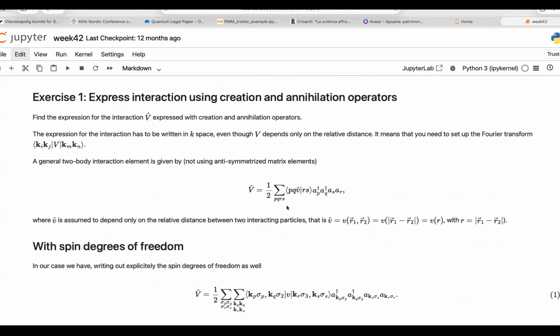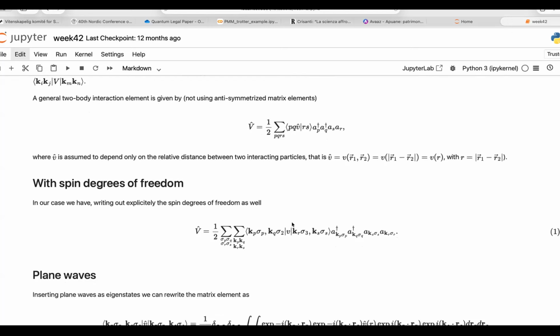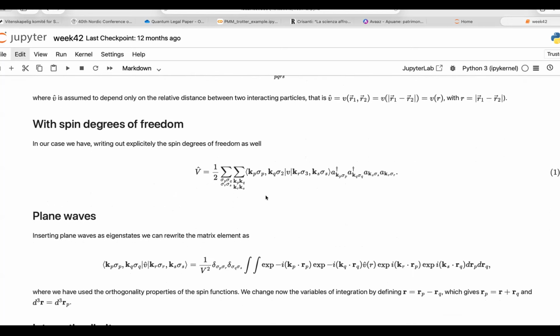If we express the Hamiltonian in terms of the second quantized operators and add the spin degrees of freedom, this is the typical matrix element, or integral, which is a better wording for it, where we sum over the spin degrees of freedom and then the wave numbers, which are quantized.